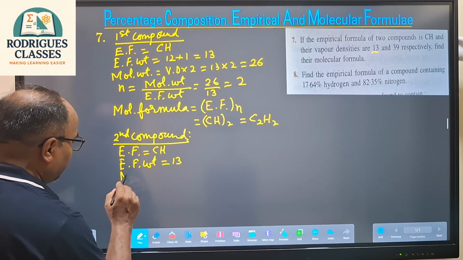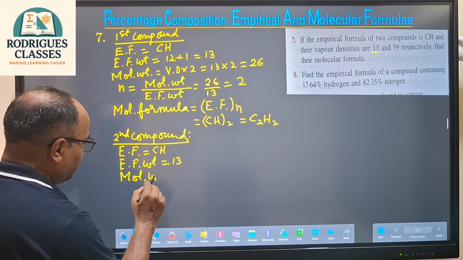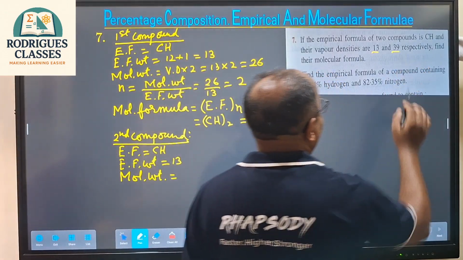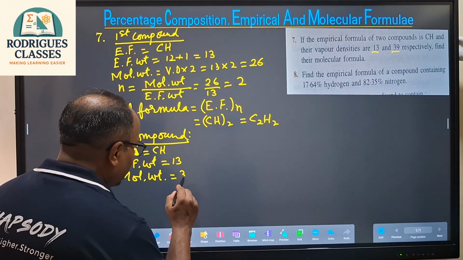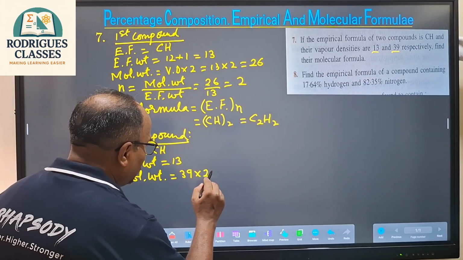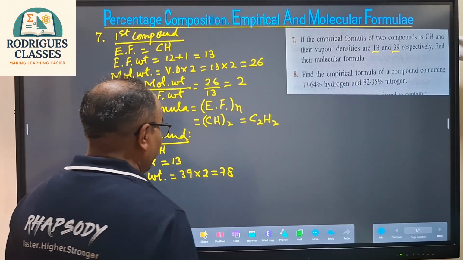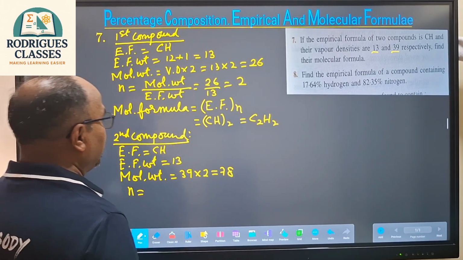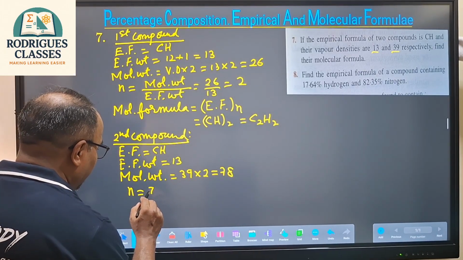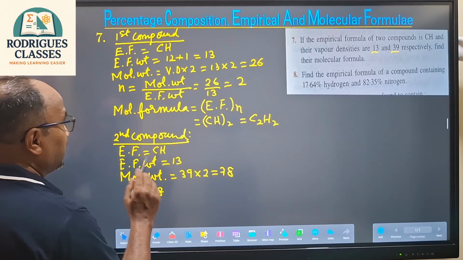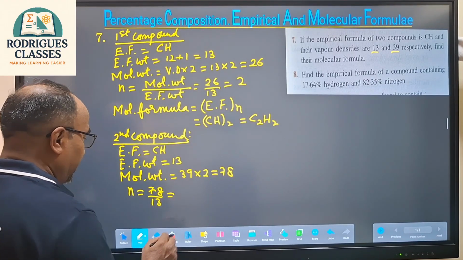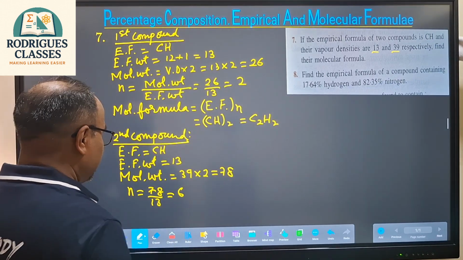Then the molecular weight of this one, vapor density is different. Vapor density mentioned here is 39. So 39 into 2, that will give us 78. So N by using the same formula, so no need of writing the formula again. 78 is the molecular weight divided by the empirical formula weight 13. So you know it comes as 6.